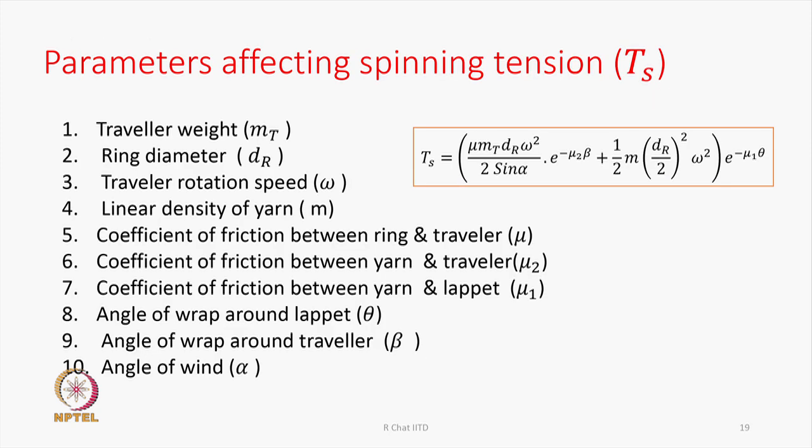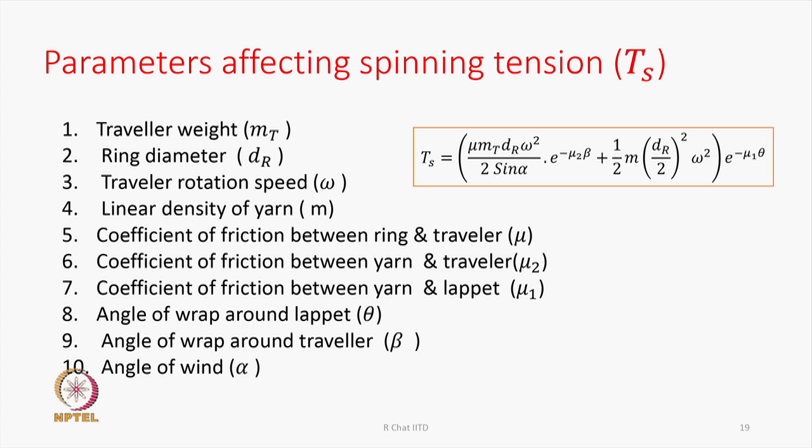Therefore, the various parameters affecting spinning tension are listed here: traveler weight, ring diameter, traveler rotation speed, linear density of the yarn, coefficient of friction between ring and traveler, between yarn and traveler, between yarn and lappet, angle of wrap around lappet, angle of wrap around traveler, and angle of wind.